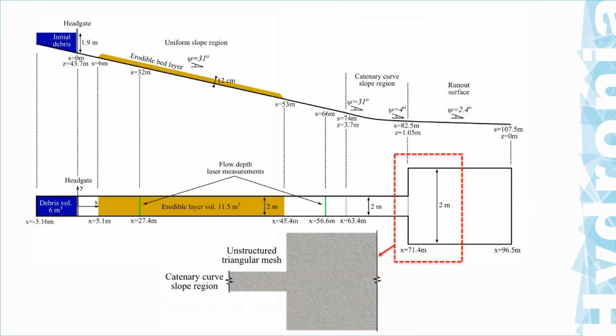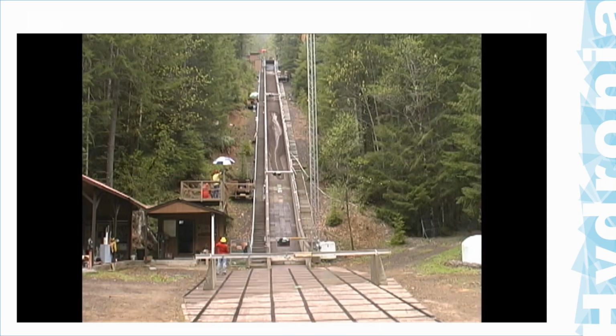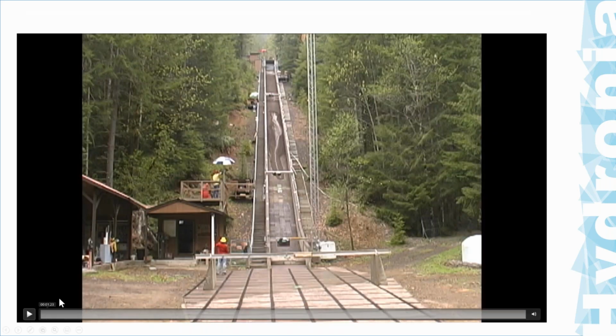So this is the plan view and the cut, and you see here the mesh, just for reference, one of the meshes that we used. And this is a short video that I want to show you, because I will show you later a video of the model results. So this is the initial state.